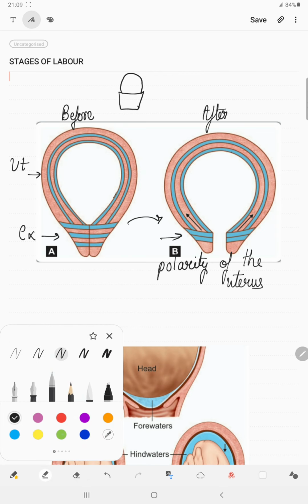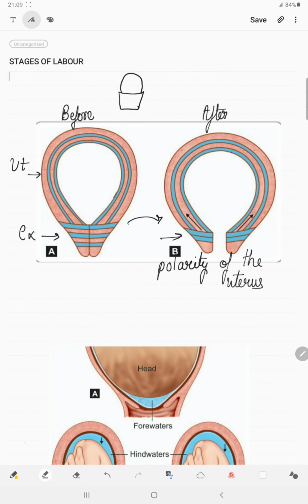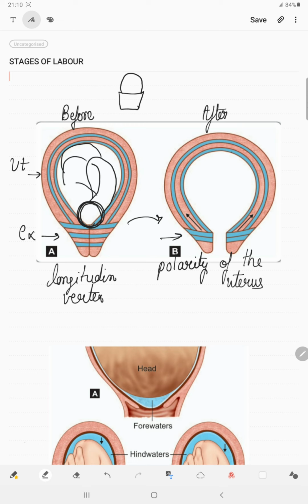As you all would be knowing, the lie of the fetus is most commonly longitudinal, and the presentation of the fetus is most commonly a vertex presentation, which means that the fetus most commonly has the head below with the body somewhat like this, and these are the lower limbs of the baby and these are the upper limbs of the baby, if I draw it in this way.